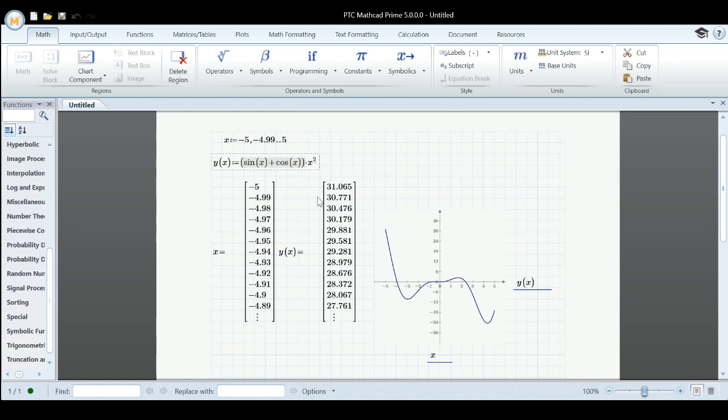So suppose it is my dispersion relation. Suppose y is equal to omega, as we all know, omega as a function of k.